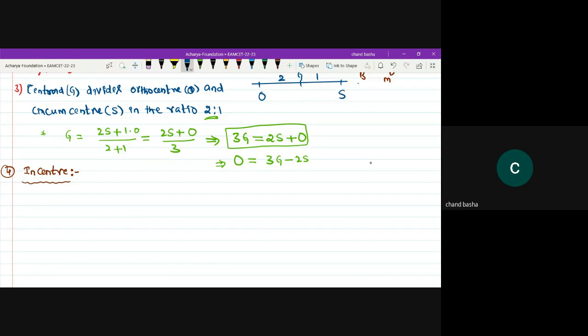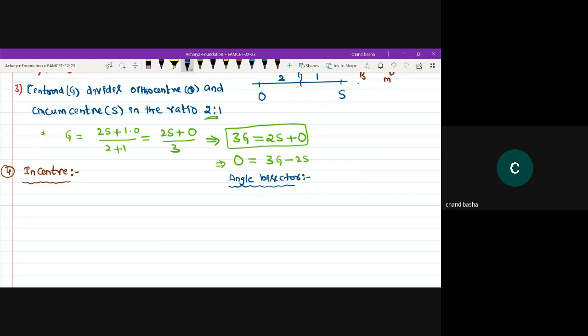For the incenter, first we need to discuss the angle bisector. An angle bisector is a line which divides an angle at that particular vertex into two equal parts.